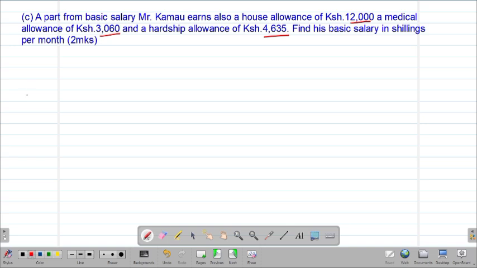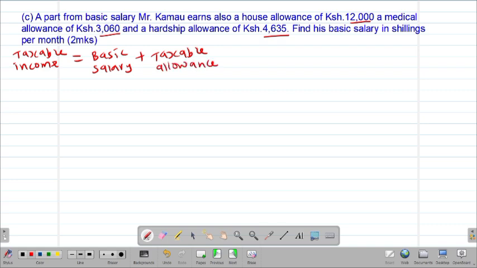The taxable income is always equal to the basic salary plus the taxable allowances, because we are not given any non-taxable allowances.